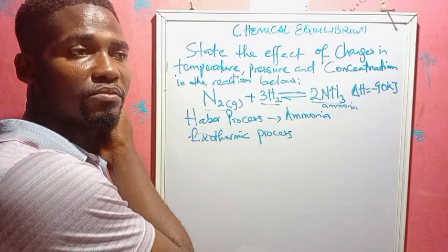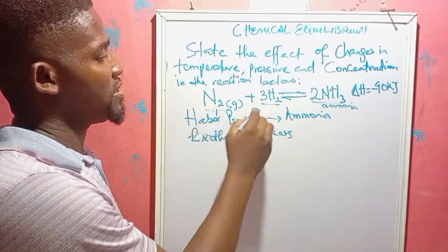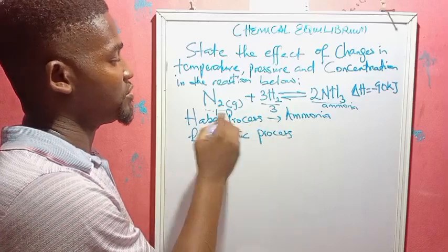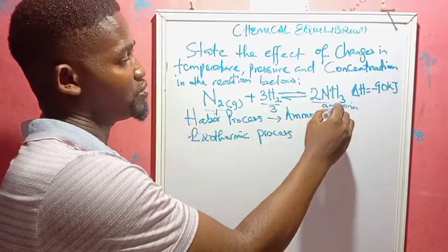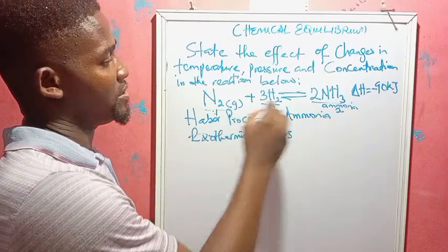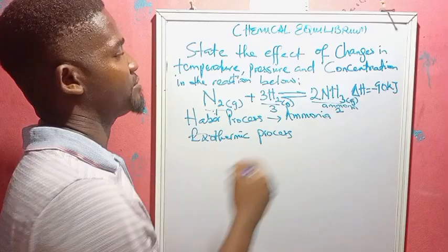Now we'll take note that 1 mole of nitrogen is reacting with 3 moles of hydrogen to give us 2 moles of ammonia gas. There's a gas here and there's a gas here.